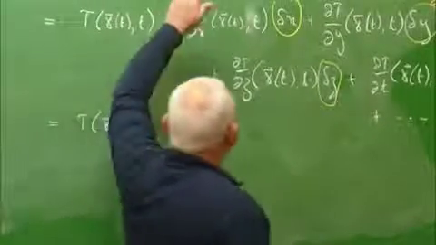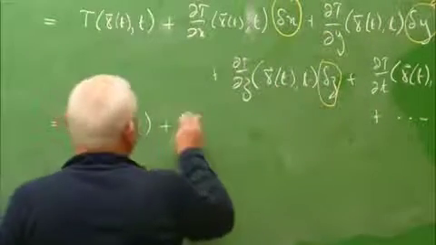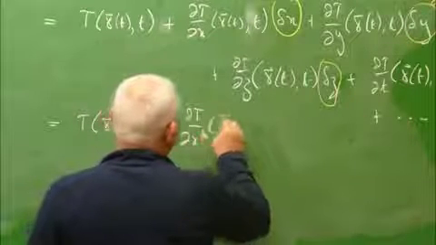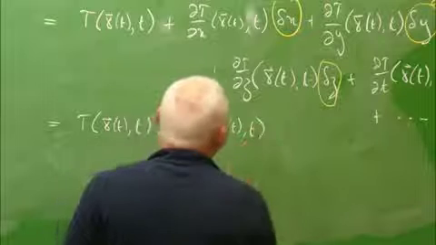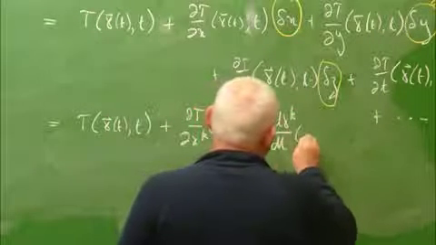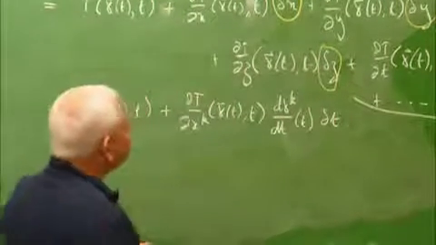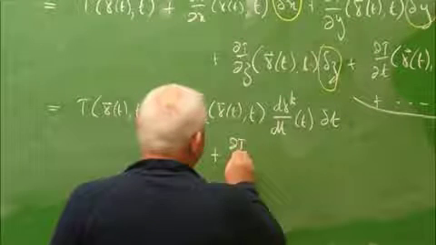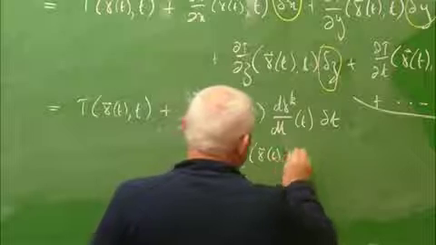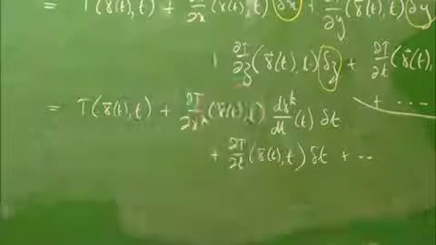And then I have dT dx_k times d gamma_k dt at t times delta t, plus dT dt at gamma of t, t, plus the second order terms.